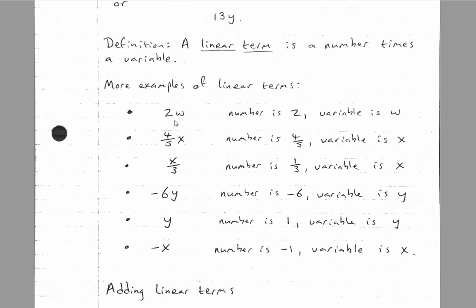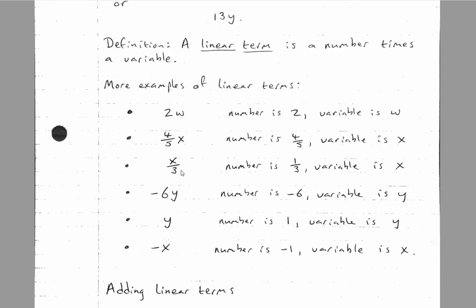Just to see some more examples. So yeah, it could be any letter. So here the variable is w, so 2w. The number could be a fraction. This is 4/5 times x. Here's a more confusing one yet.